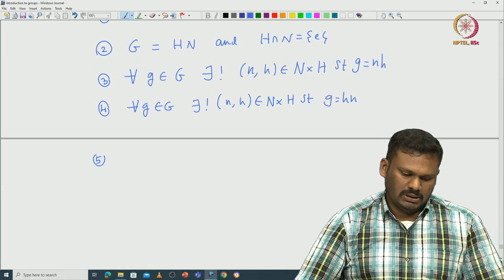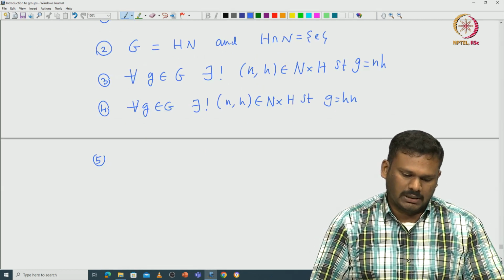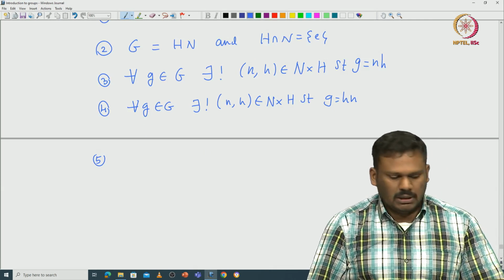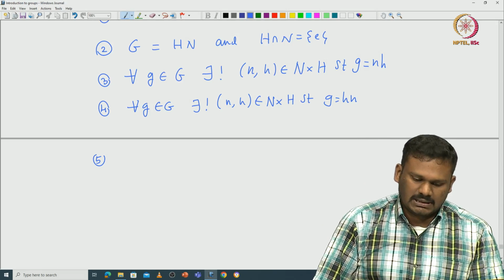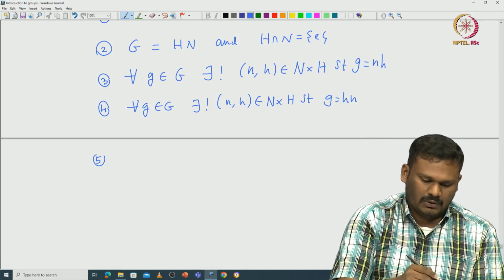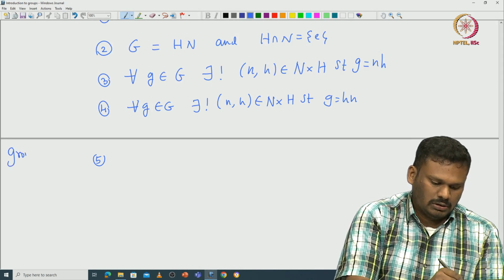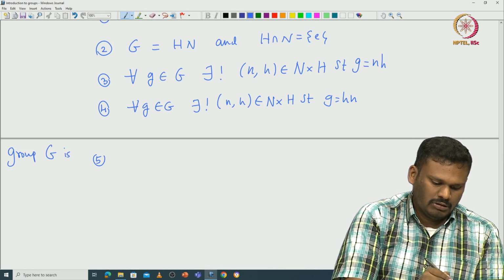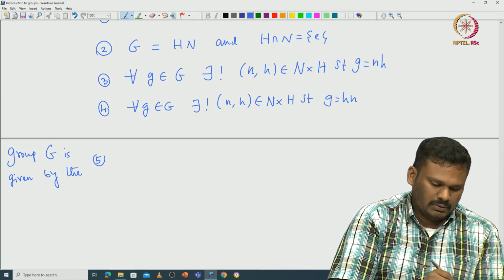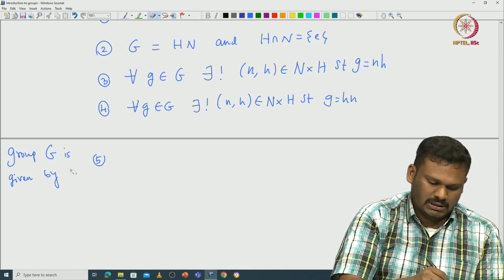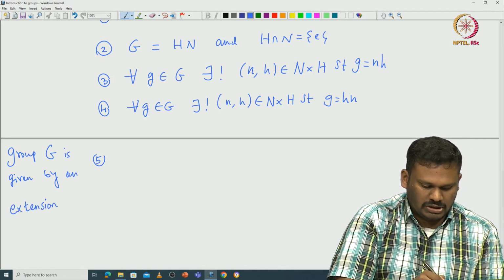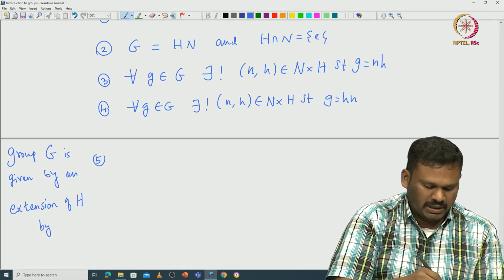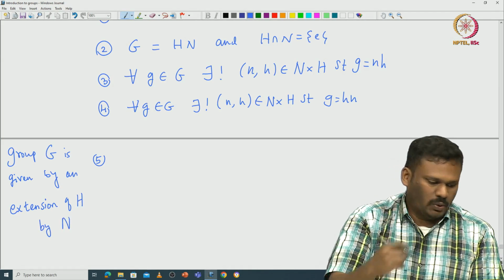And the following is a somewhat more important characterization of this semi-direct product, which is called the group G is given by an extension, not necessarily one extension, of H by capital N. What is the meaning of that?